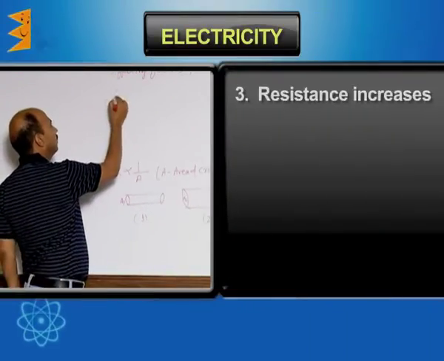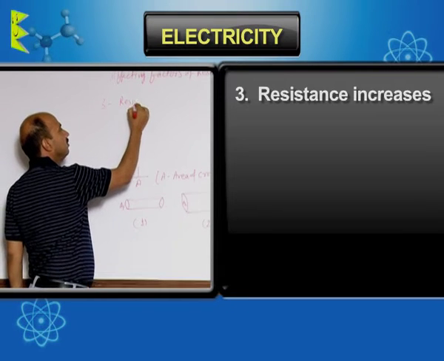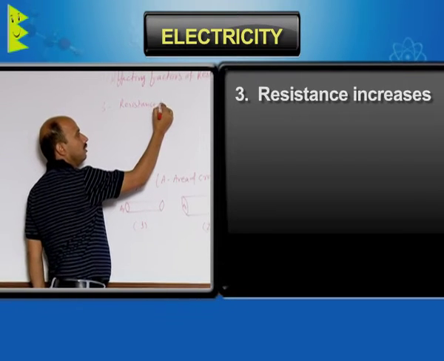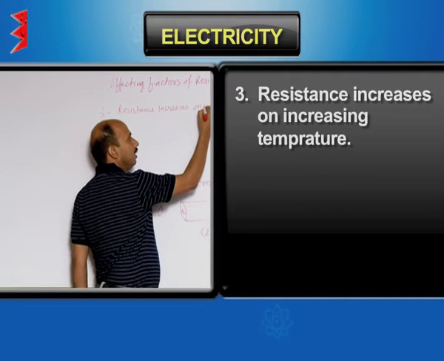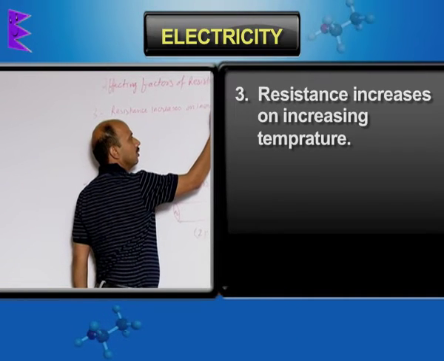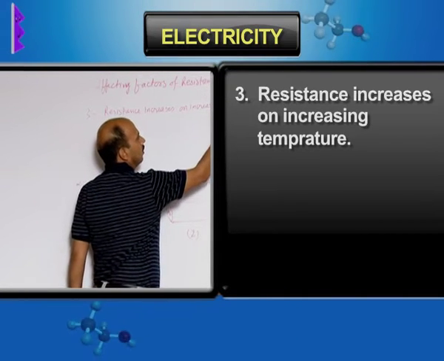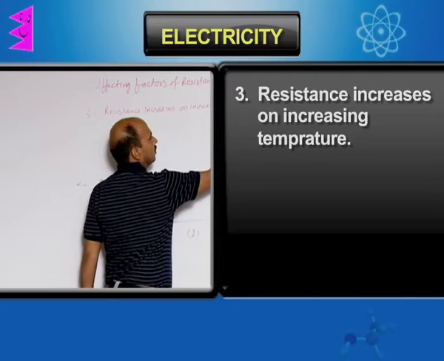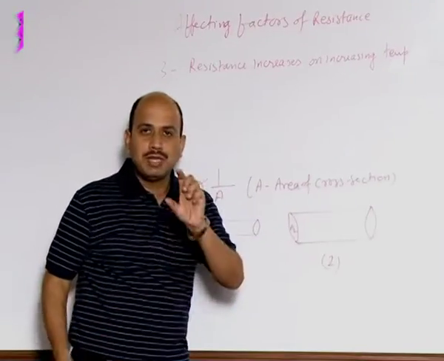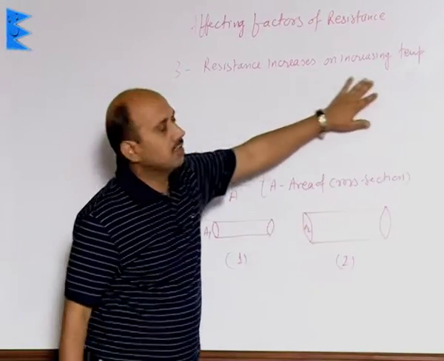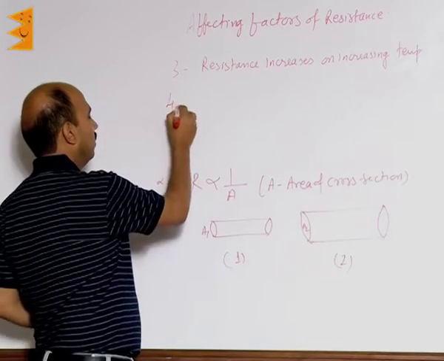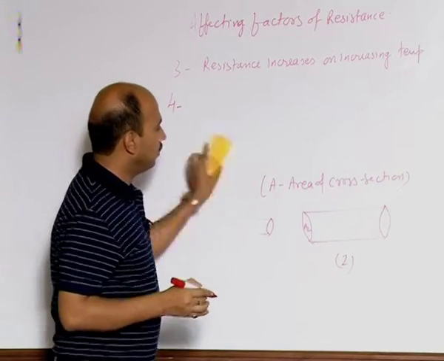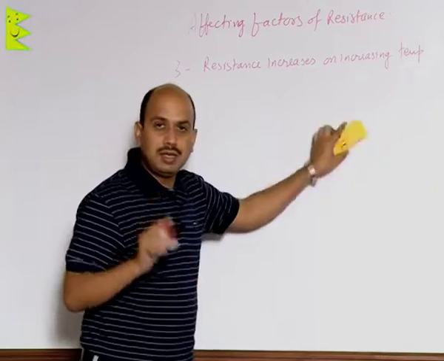we can write here, resistance increases on increasing temperature. So, when the temperature of a conductor is increased, resistance is increased. Fourth one is also here: resistance depends on the nature of the material.